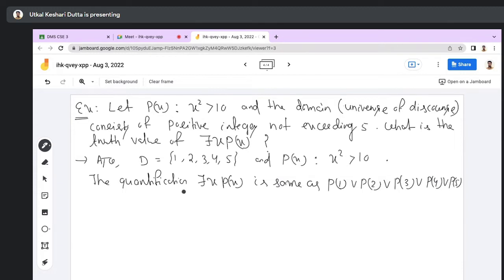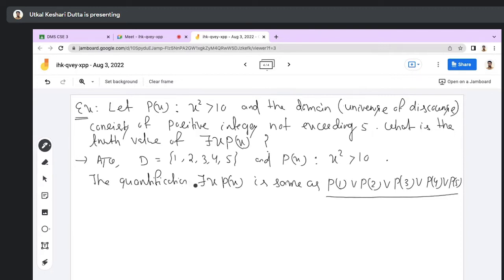So this existential quantification will be true if this disjunction is true. When this disjunction is true, not all are required to be true. If at least one of them is true, then this disjunction will be true.